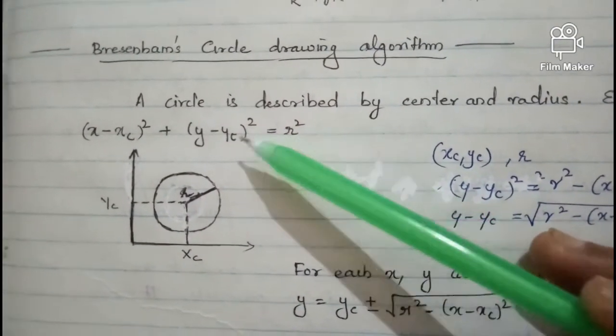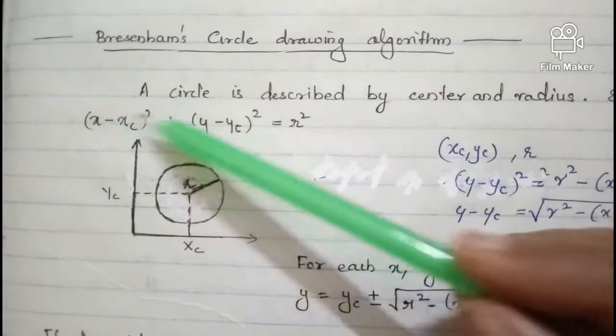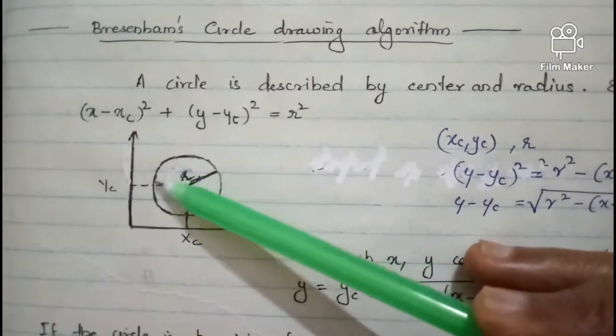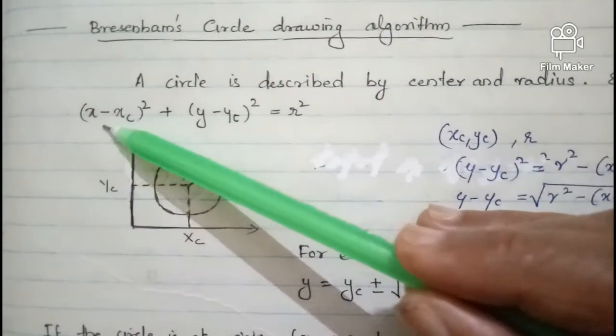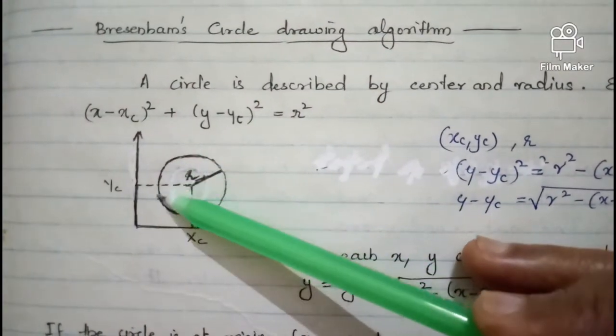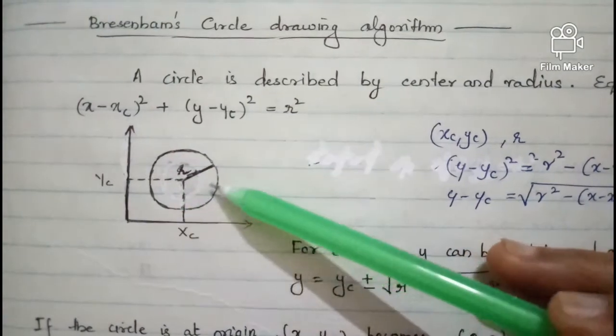So this is the radius, xc, yc is the center of the circle, and x, y are the points on the circle. So using this equation, you can calculate all x, y positions on the circumference of the circle.